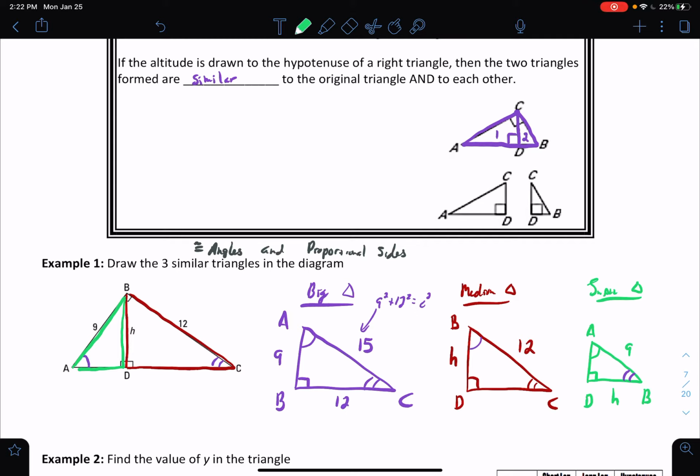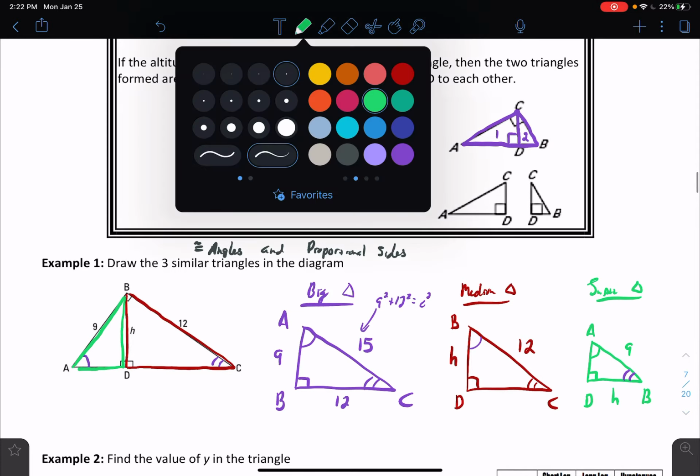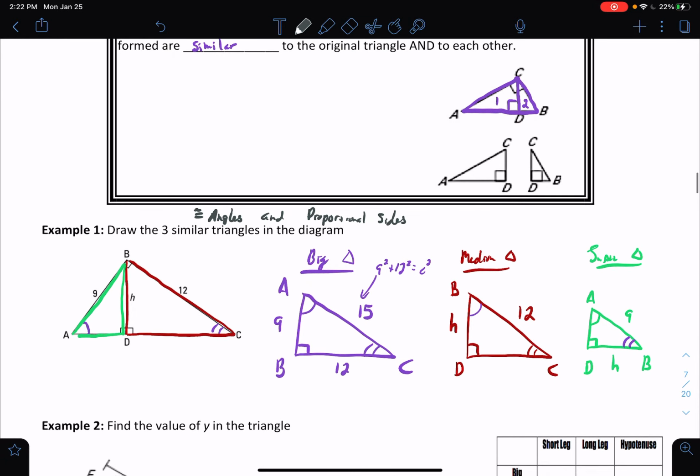So this is where we could set up proportional sides. Since we were able to use the Pythagorean theorem in the big triangle, the purple triangle, and get that to be 15, there are now a couple ratios we could set up. 15 in the big triangle corresponds to 12 in the medium triangle, just like 9 in the big triangle corresponds with H in the medium triangle.